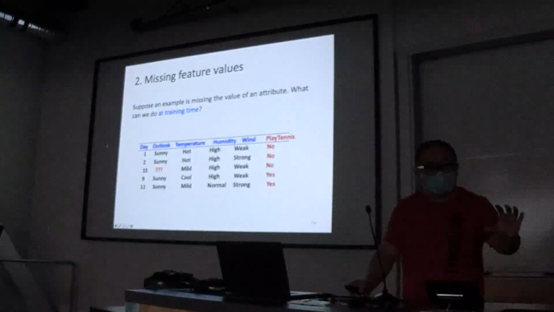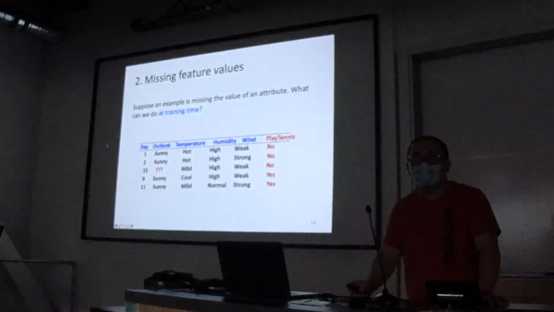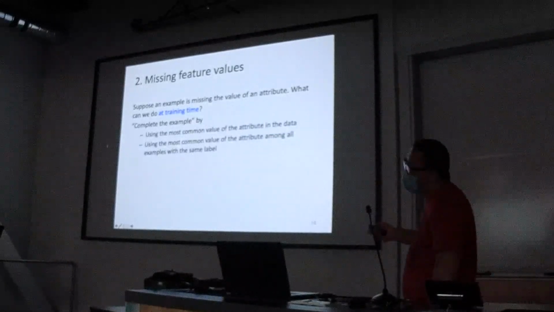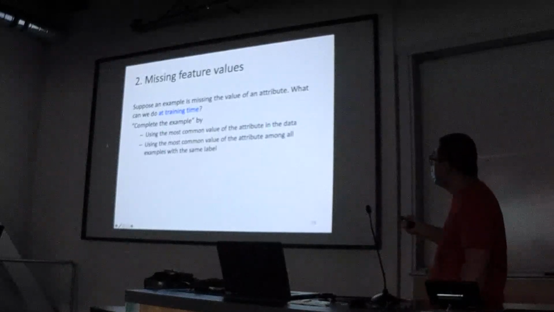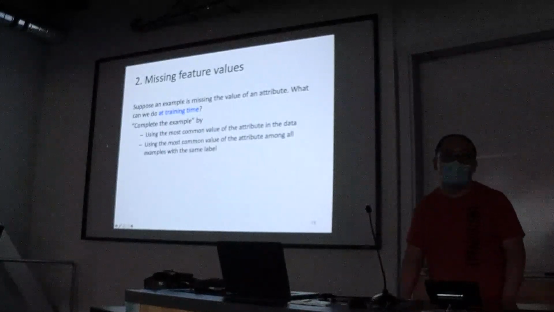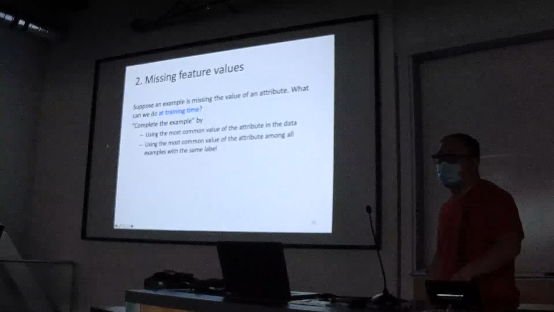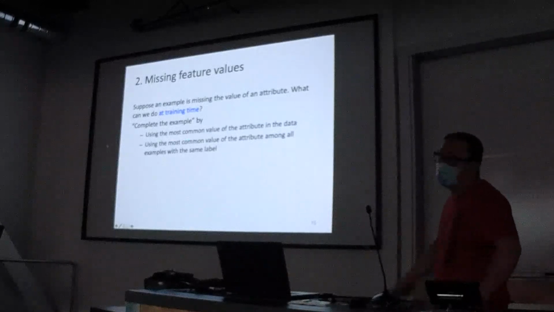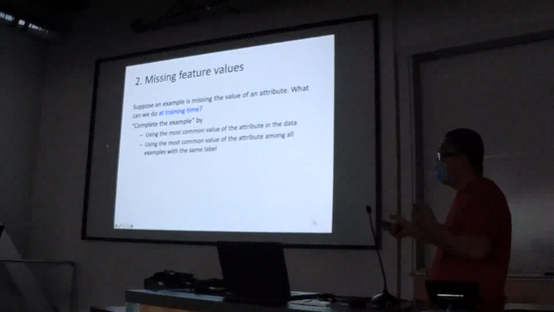But let us start with a simpler strategy. Our first strategy will be to simply look at the existing training examples where they do not miss the value. We look at the most common value and use that value as a guess.